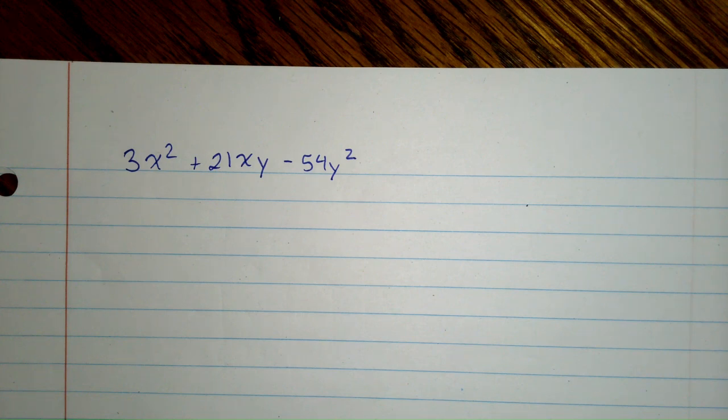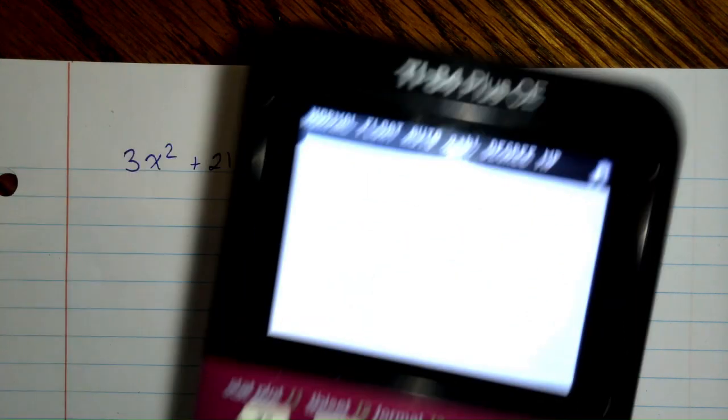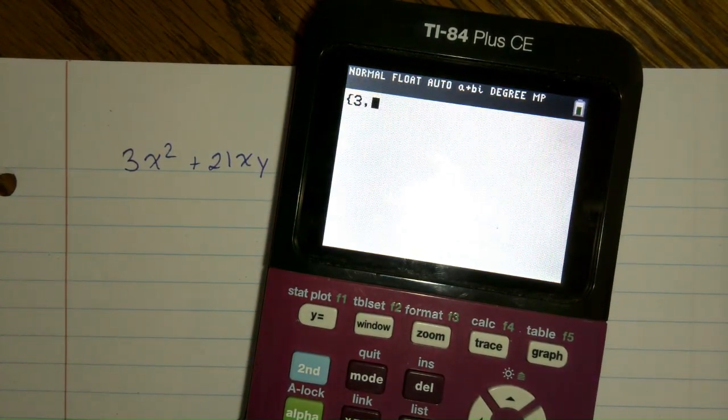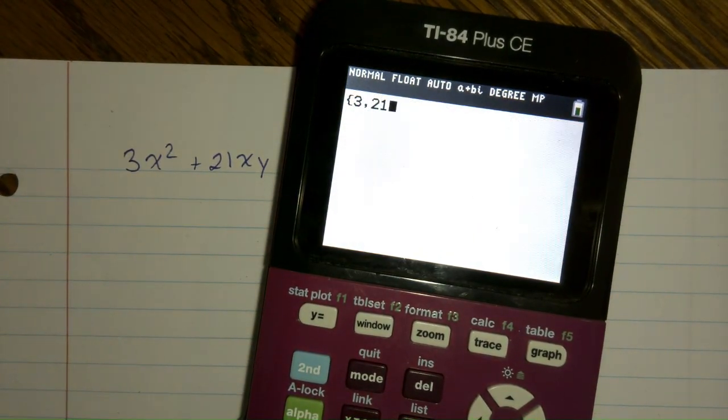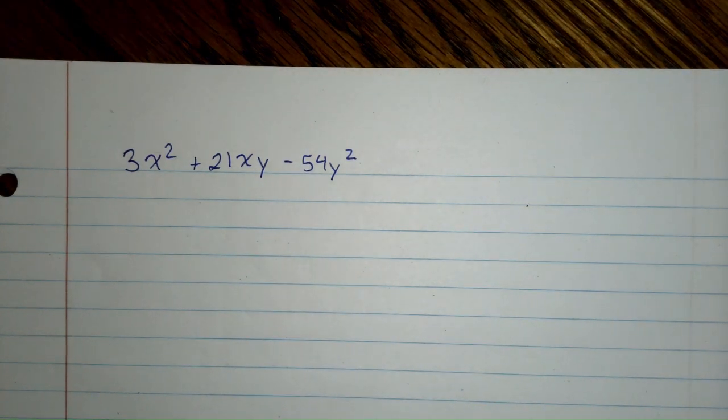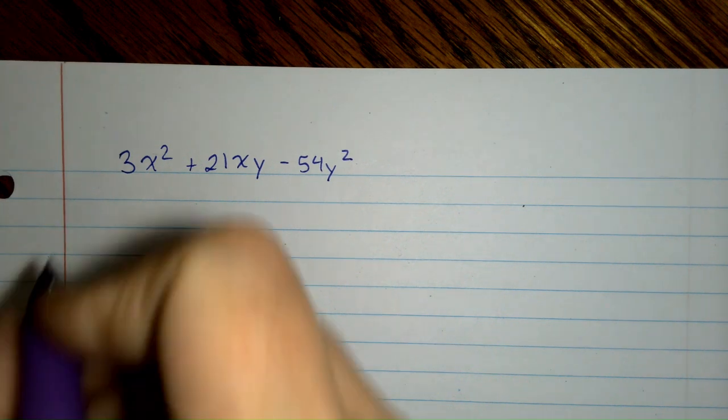And while it may not look like it right now, 3, 21, and 54 all divide by 3. They make 1, 7, and 18. So again, always, always, always check for a GCF.